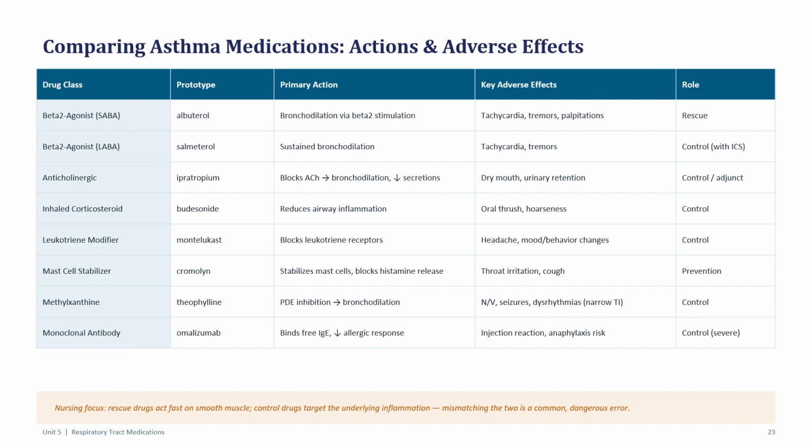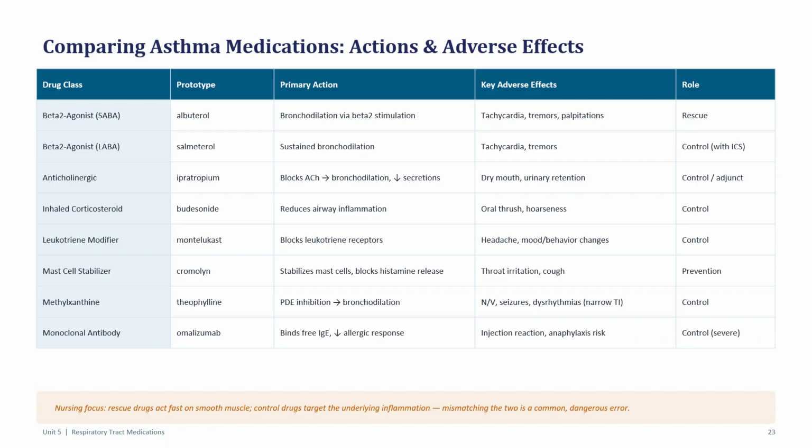So this slide compares asthma medications, actions and adverse effects. I'm not going to read this slide row by row, but just point out a few things. Fast bronchodilators are rescue.